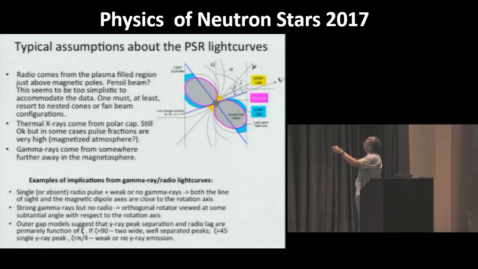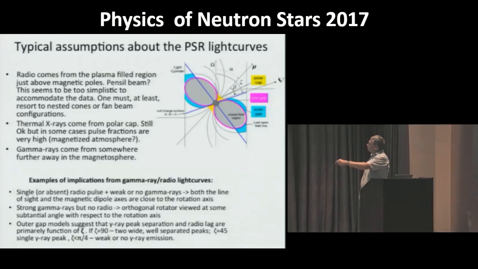I cannot go through this, but the radio emission still probably comes close to the pole, close to the magnetic pole, and it may be a complex region which is like a hollow cone rather than a pencil beam, but there's no time to discuss that. And the gamma-ray emission comes from the outer magnetosphere, perhaps close to the light cylinder. So that's all I'm going to say about that.